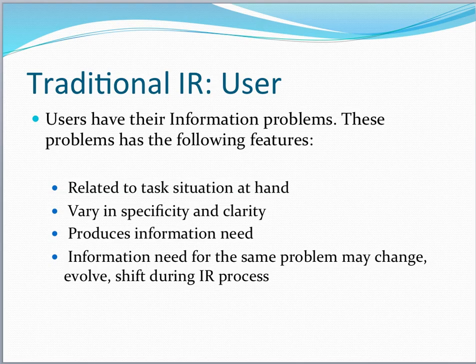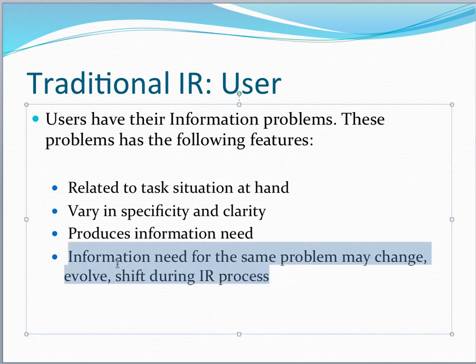Produces an information need. The information need for the same problem may change, evolve, and shift during the IR process. And this is very important. And again, here comes my holistic way of looking at librarianship. I also teach the reference class, and maybe you were one of my students.